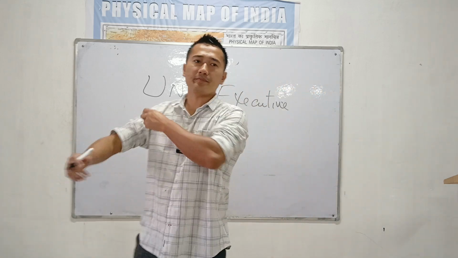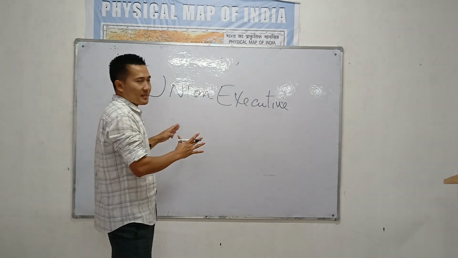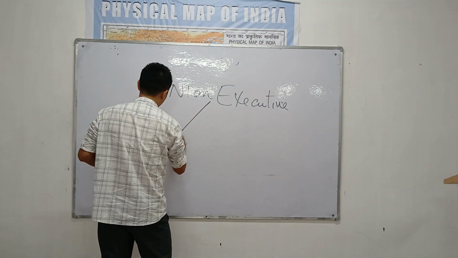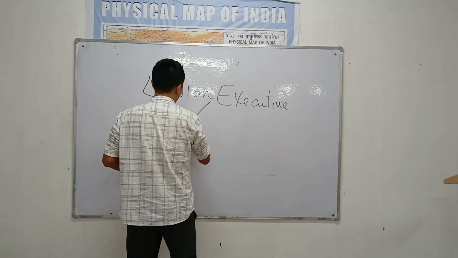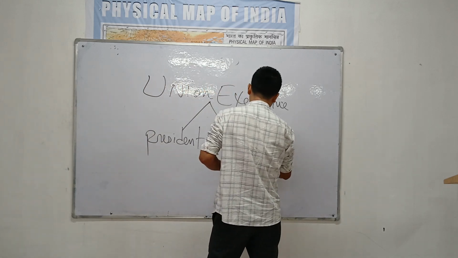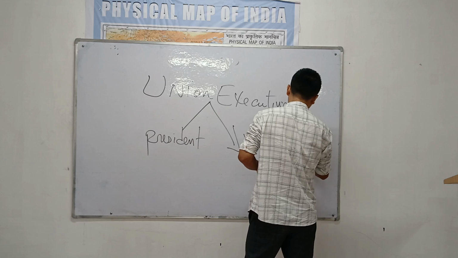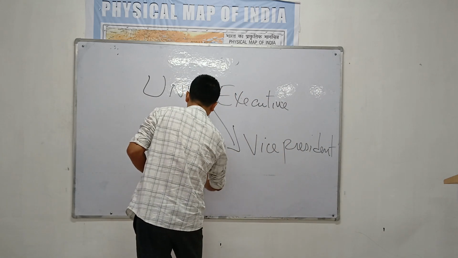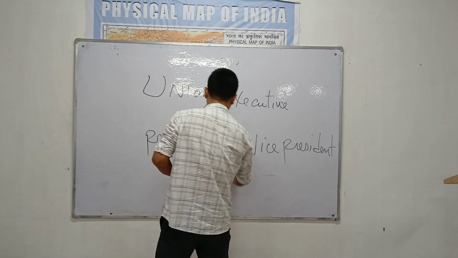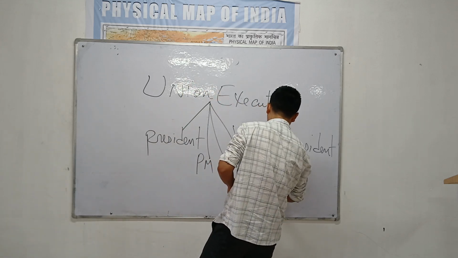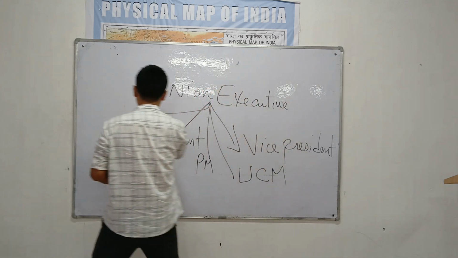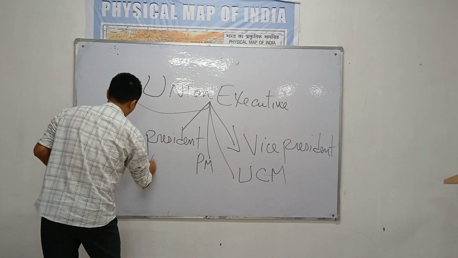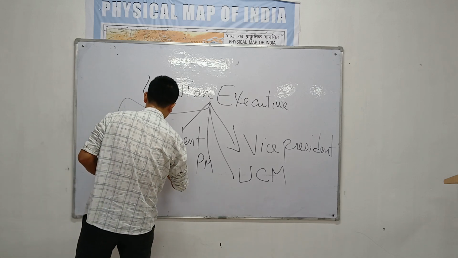So see, under the union executive, you will find the president, the vice president, the prime minister, the union council of ministers, and one more person, the attorney general.